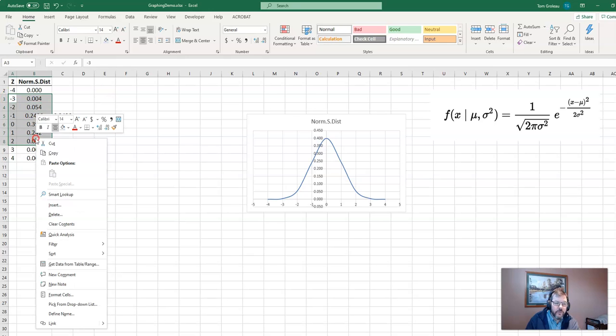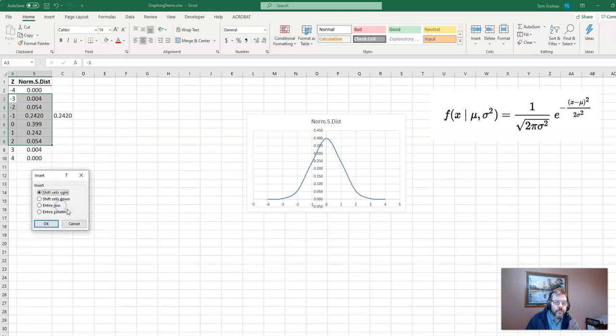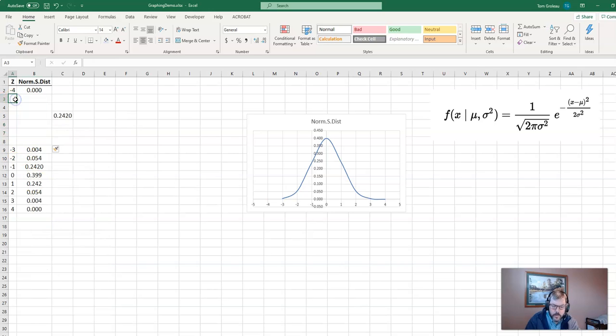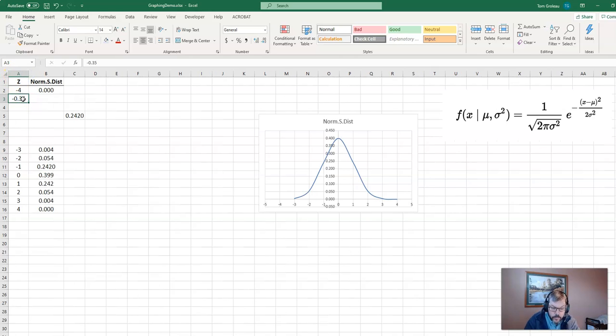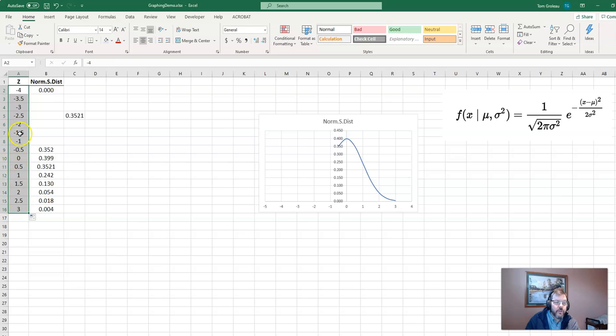I'm going to insert some spaces here. And I just guessed at how many spaces I need. Oops. So I want to go from -4 to +4. I need to go a little bit further.